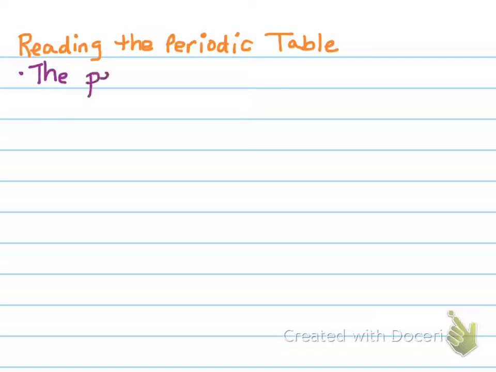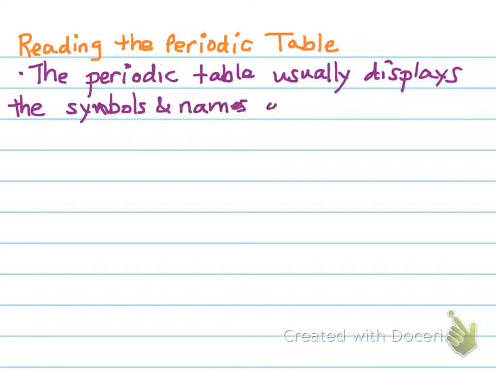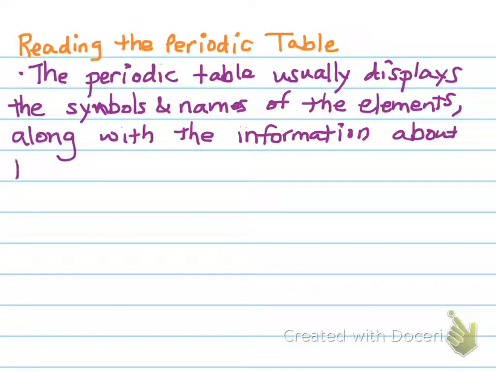The periodic table usually displays the symbols and names of the elements along with information about the structure of their atoms.